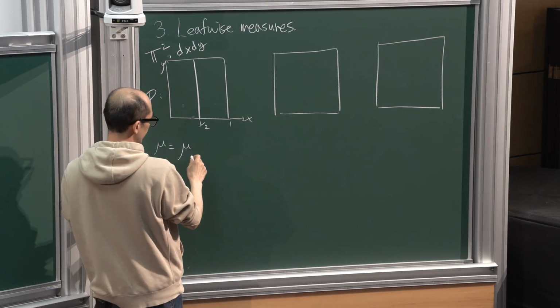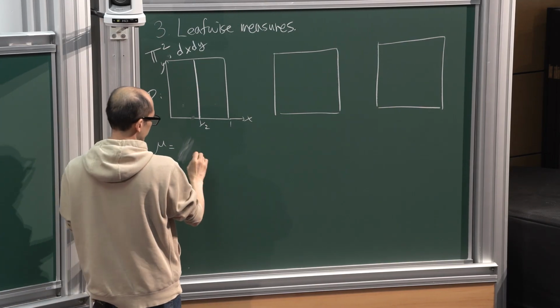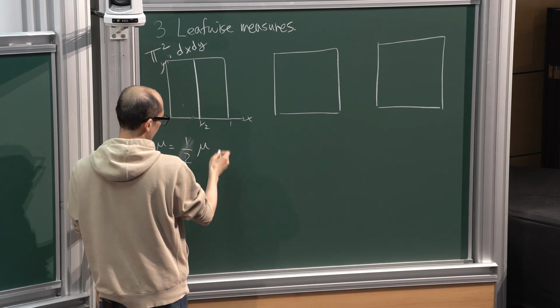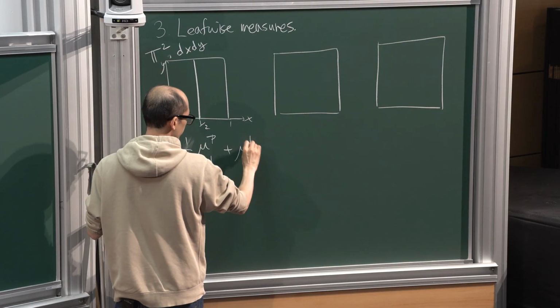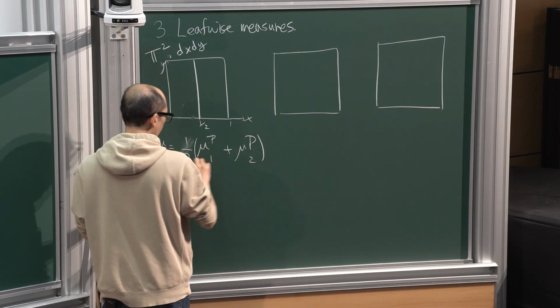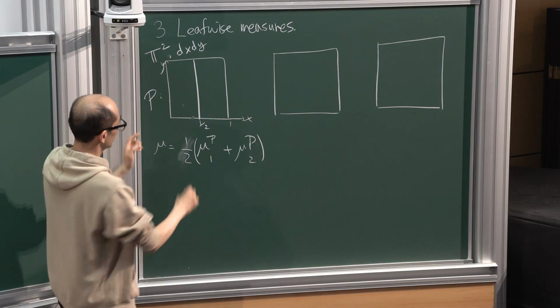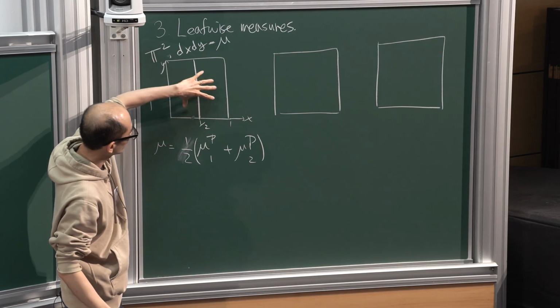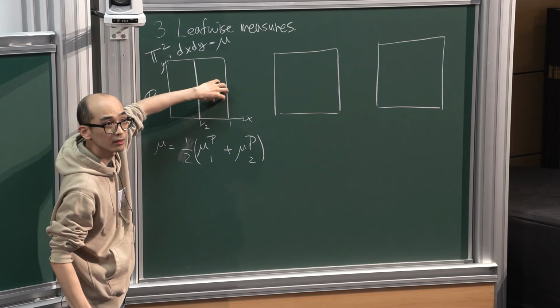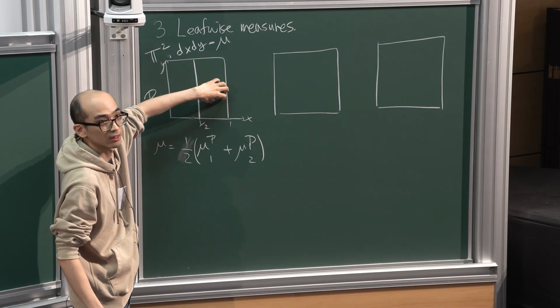Then I can say that mu is half of mu of P1 plus half of mu of P2, where mu is the Lebesgue measure. You can basically think about the measure restricted to here and here, which is somehow the conditional measure.